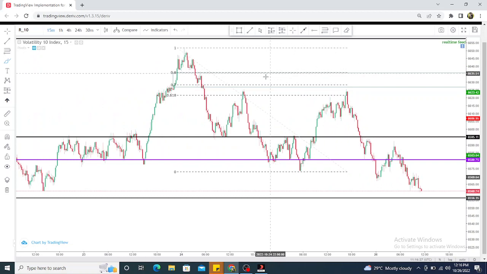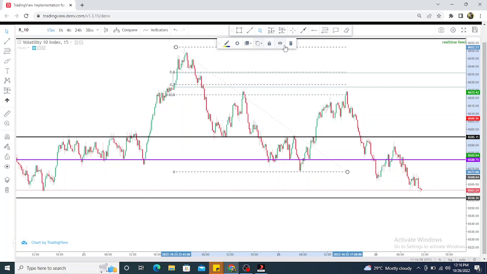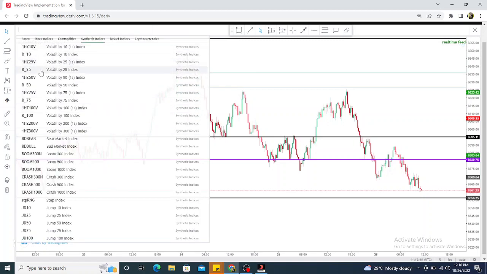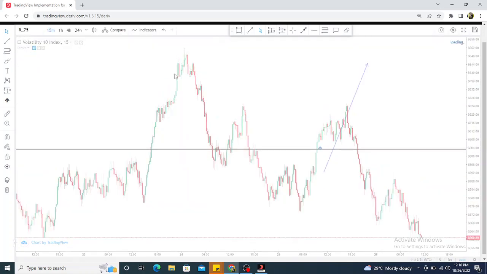So that's how we were able to get these entries on each of these. V75 is a bull run for us. V25 is a bull run for us.